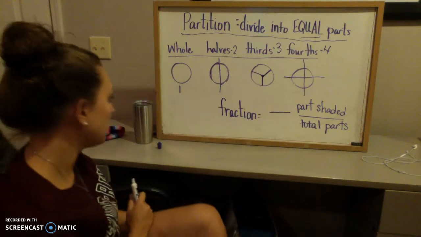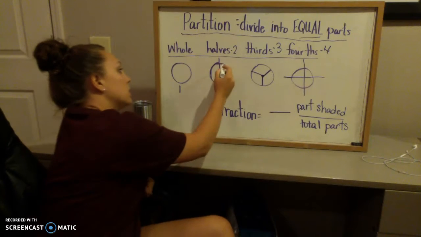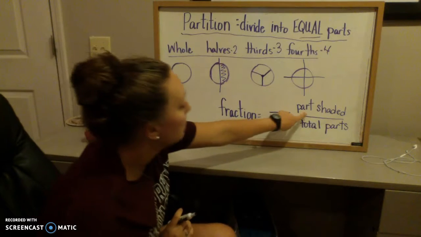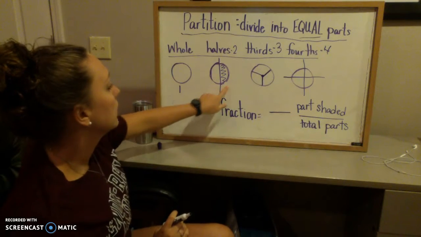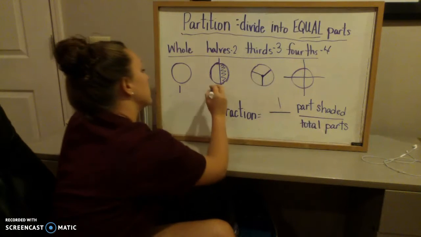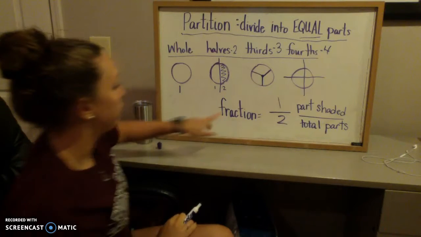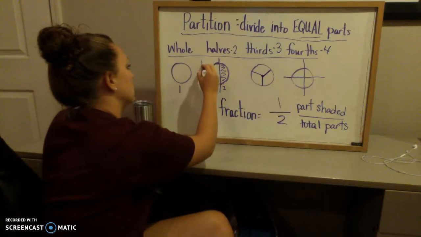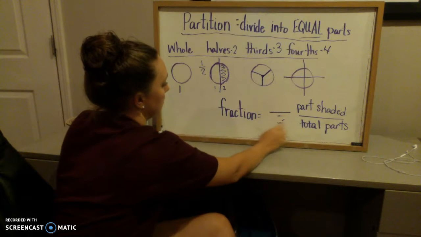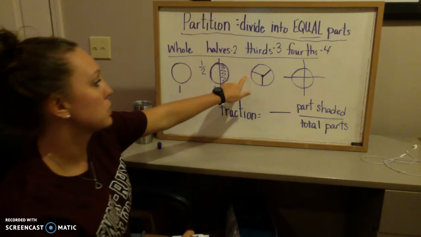Now if I want to write this as a fraction, so if I shaded this part, how many parts are shaded in this one? 1. How many total parts are there? 2. So the fraction for this one is 1/2. Moving on to the thirds.